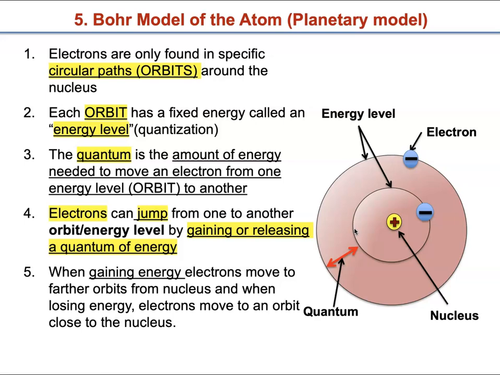So for example, when you heat a metal, the metal electrons will absorb that energy and jump from a lower energy level or orbit to a higher one. Now, higher ones are located further away from the nucleus. And he said when gaining energy, electrons move to further orbits from the nucleus. And then conversely, when losing energy, electrons move to an orbit close to the nucleus.